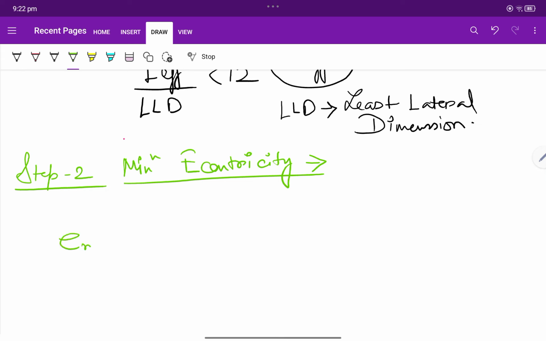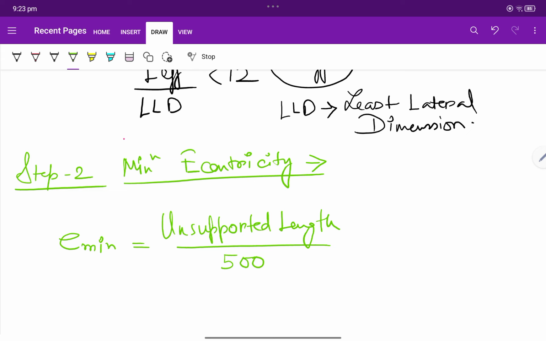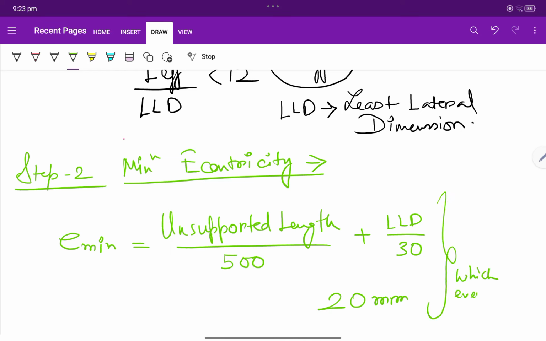The E minimum is calculated as the unsupported length divided by 500 plus least lateral dimension divided by 30, or 20 mm, whichever is maximum.